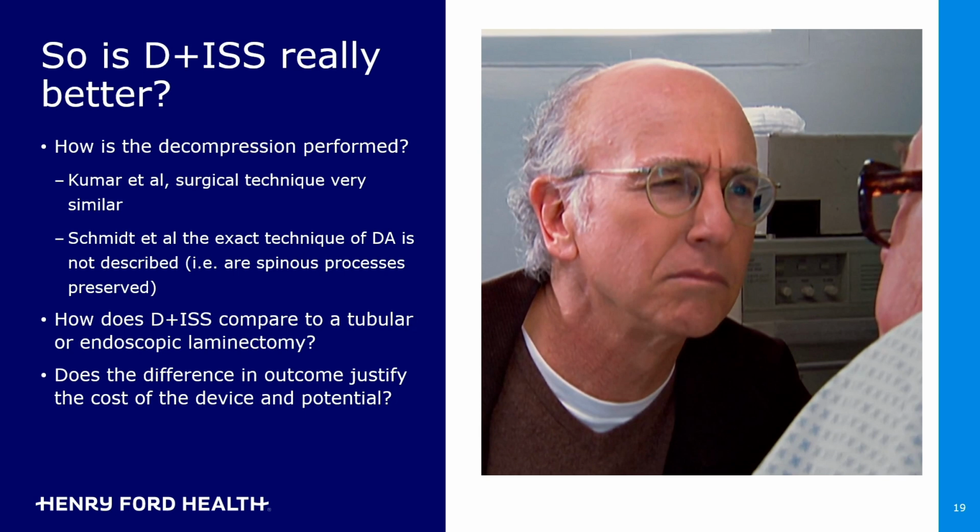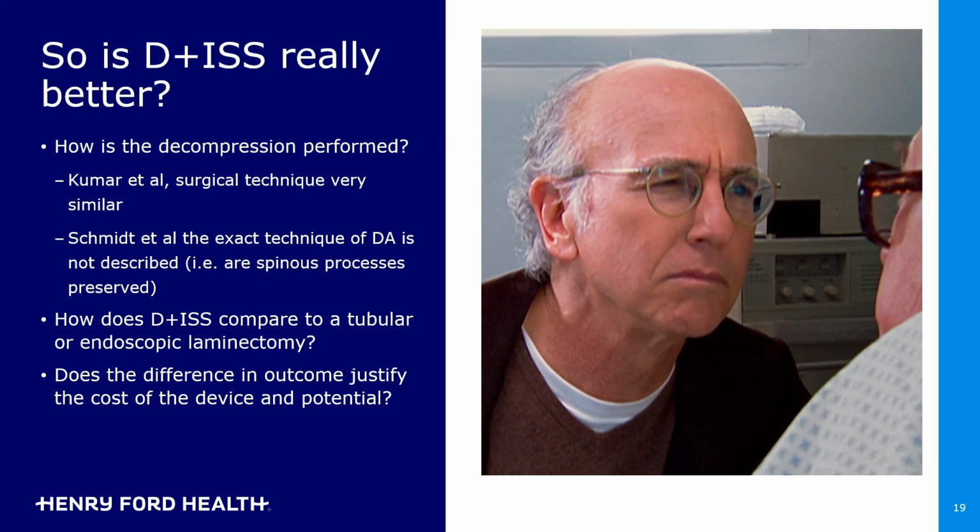One thing that is a little bit unclear is how the decompression was performed. In the 5-year study where they didn't really see a difference, they were very explicit in how they did the laminectomy. Essentially it was the same operation. They preserved the spinous process. They did bilateral laminotomies.